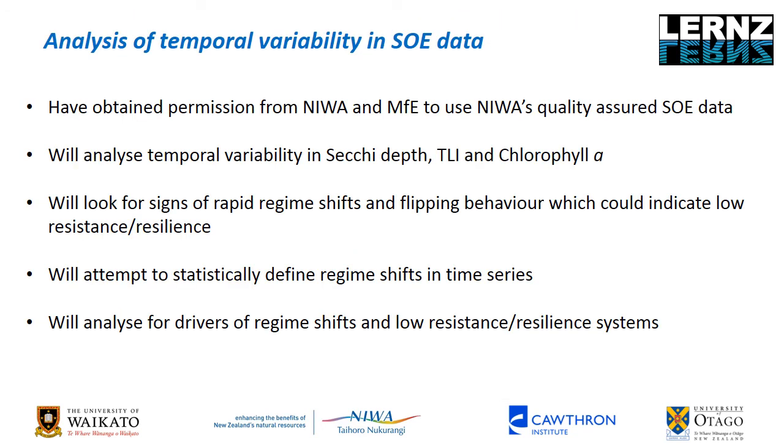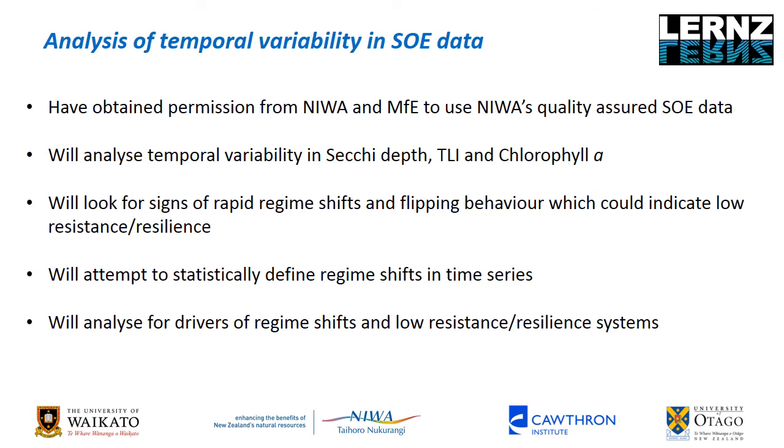So we've collected this data, we've obtained permission to use all of this data for our analysis, and the data analysis is ongoing, looking mainly at Secchi depth, TLI, and chlorophyll a in terms of the temporal variability analysis. And we're looking for these signs of rapid regime shifts or flipping behavior, which could indicate low resistance and resilience in lakes.